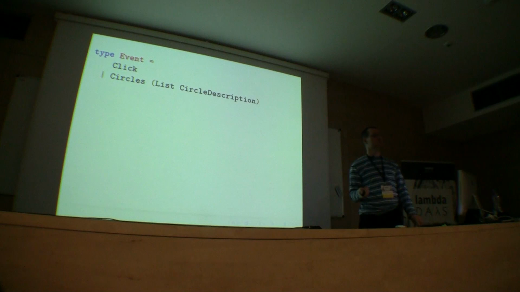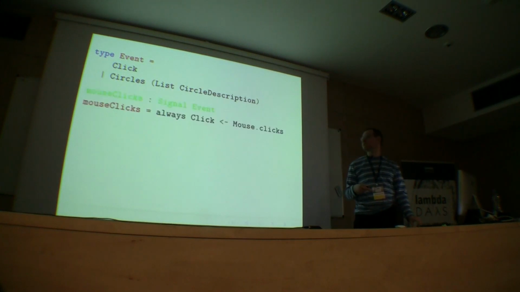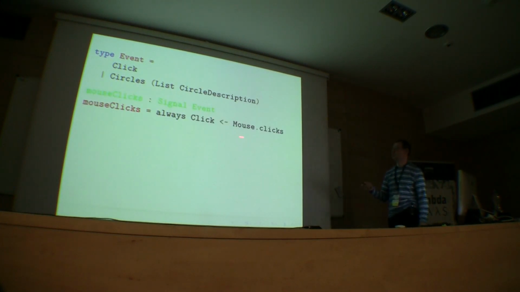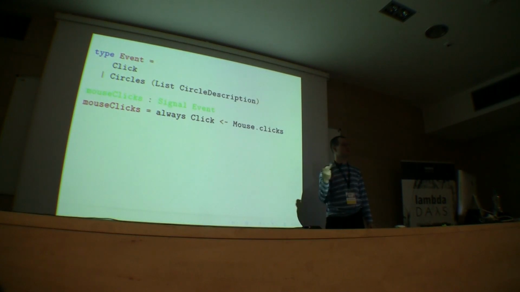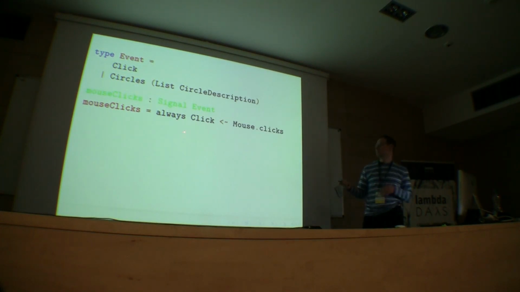I will now need to transform the input signals into a signal of events. This signal, mouse clicks, is a signal from the standard library. It's actually a signal that always has the same value, unit, but it has those moments in time that can be detected and reacted to. I'm changing it to a signal of clicks, but by using a constant function.